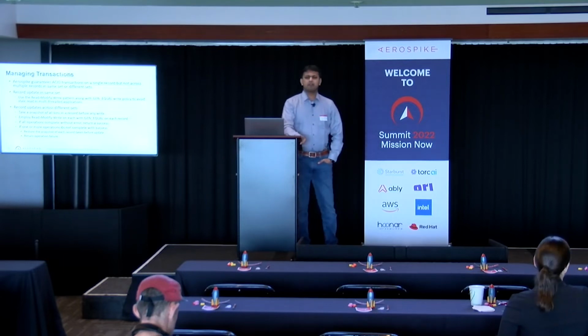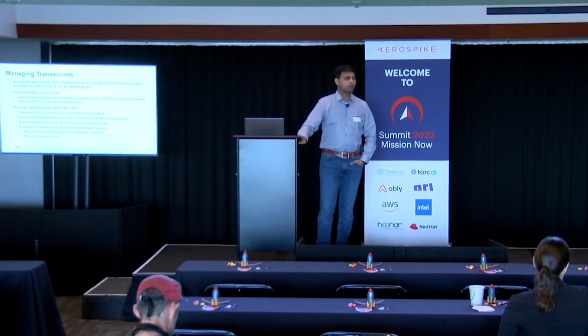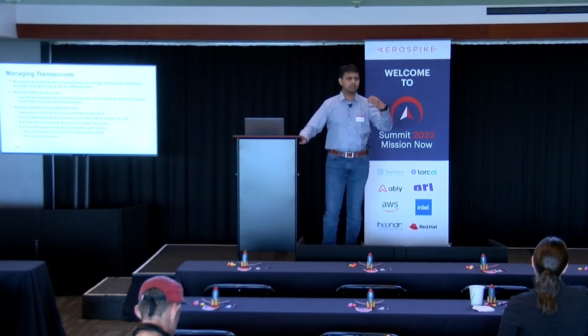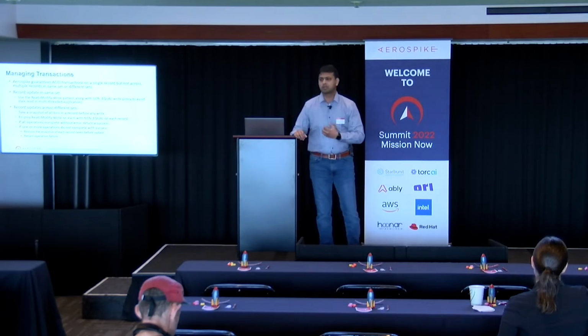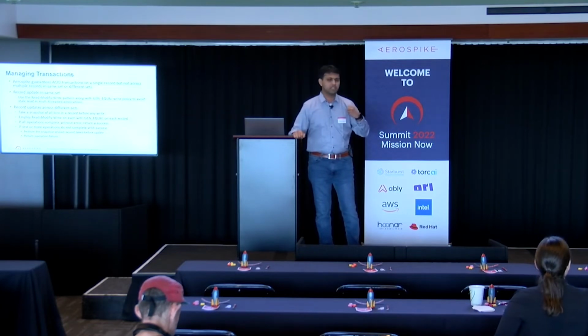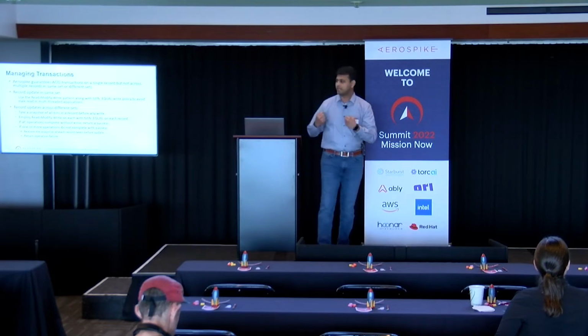Let's say I have one record which is being updated by multiple threads. You have version 1 of that record, and somebody wants to append or update something in it. Thread 1 reads a copy, which is version 1, then thread 2 reads version 1 as well.